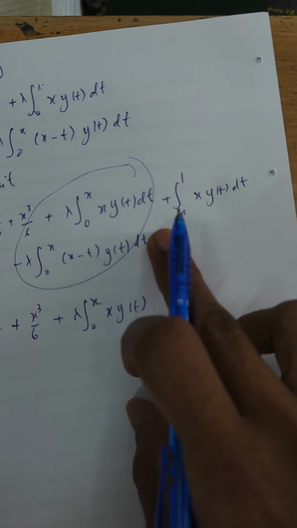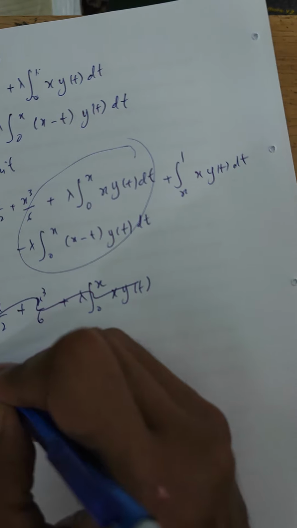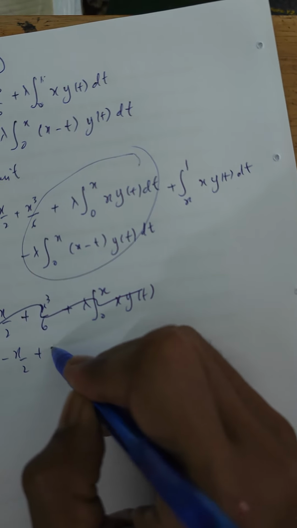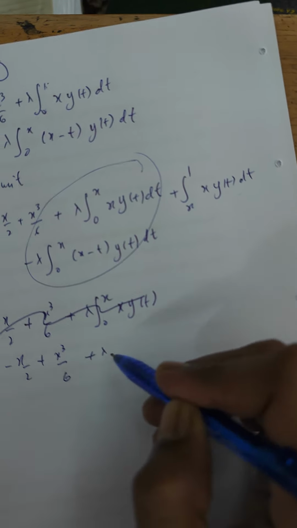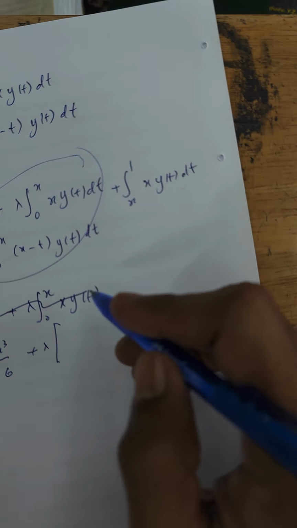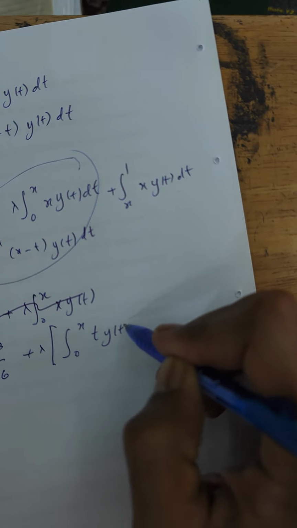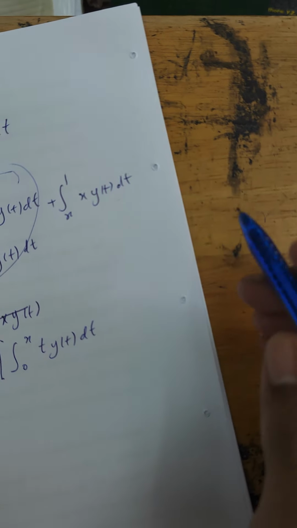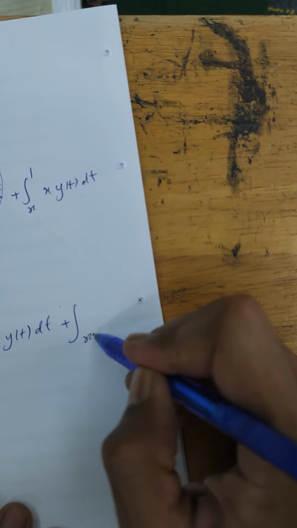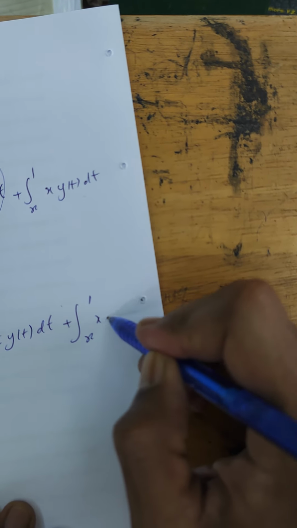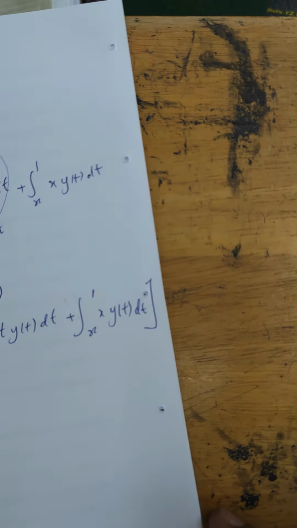We can simplify those, so let me write just the simplified one. So we have minus x over 2 plus x cubed over 6 plus lambda integral from 0 to x of t y(t) dt plus integral from x to 1 of x y(t) dt.